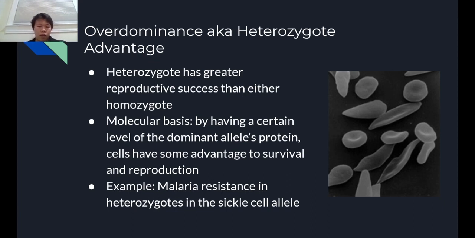And the sickle cell allele is a very interesting kind of genetic condition, because if you are homozygous for sickle cell, then your cells will have a hard time fitting through the small capillaries, and that can be an issue.